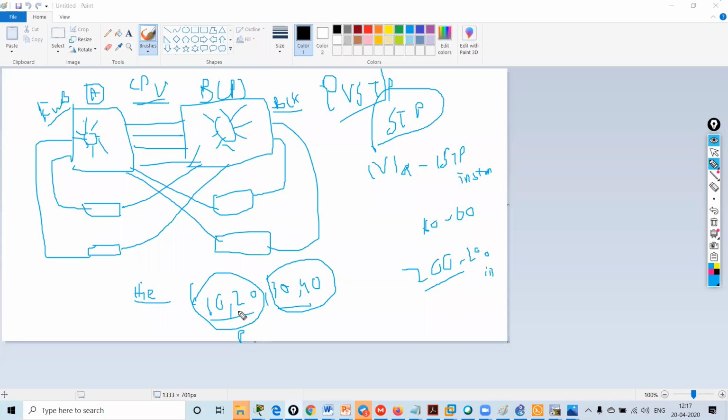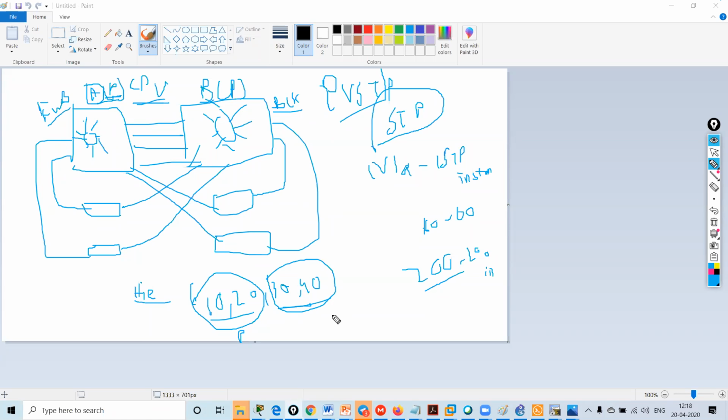If this is primary for 10 and 20, then it will be secondary for 30 and 40. If switch B goes down, then switch A will take over VLANs 30 and 40. Understood?